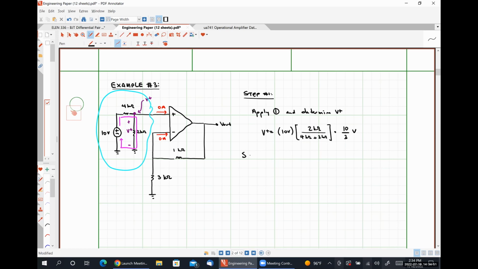All right. Step number 2 is going to be apply rule number 2 and perform KCL at the inverting input node.